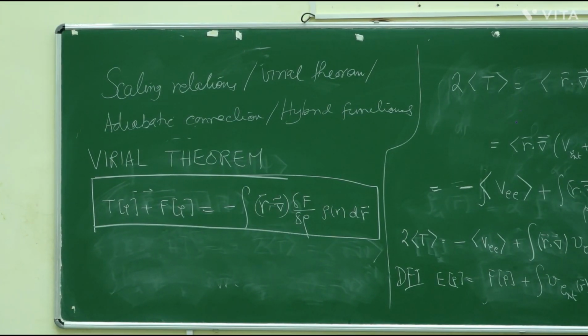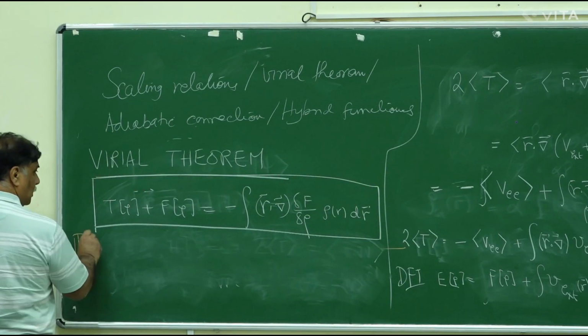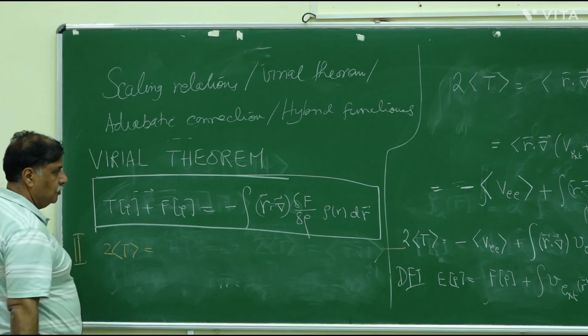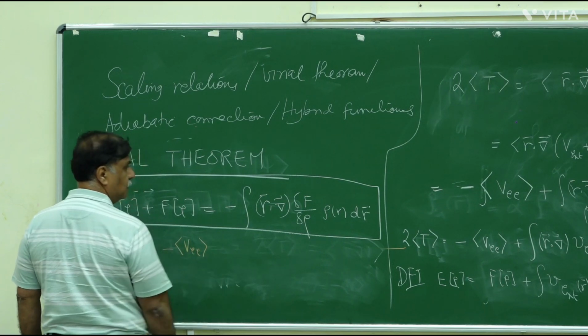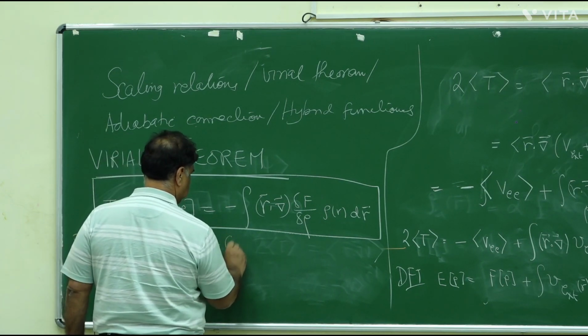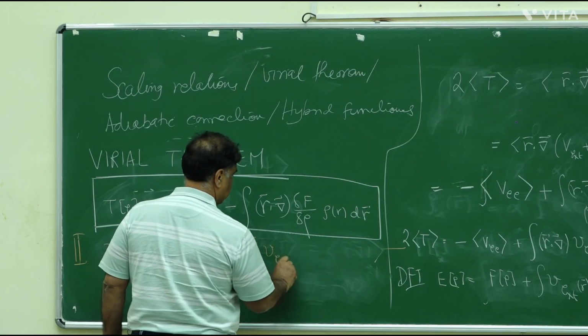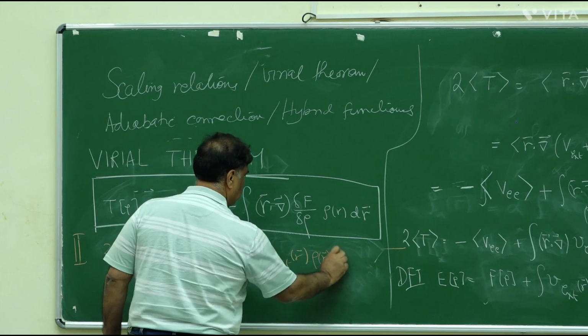Relationship number two. We start from this. I have 2T is equal to minus V_ee plus integration R dot del V external R rho R here.